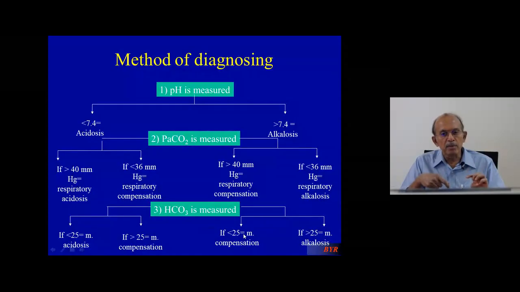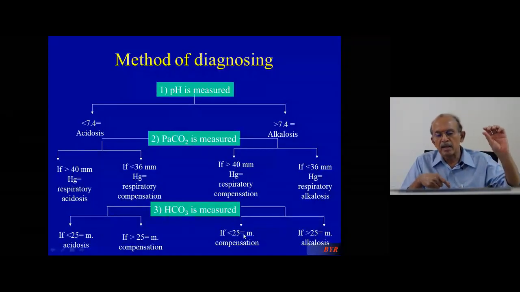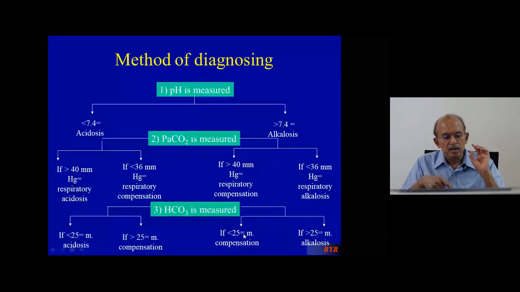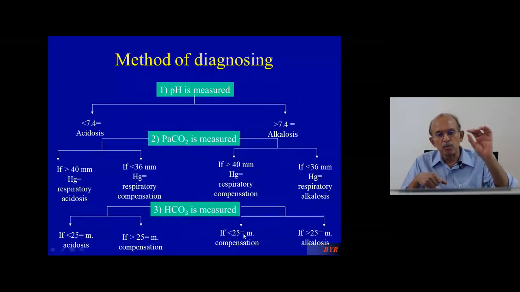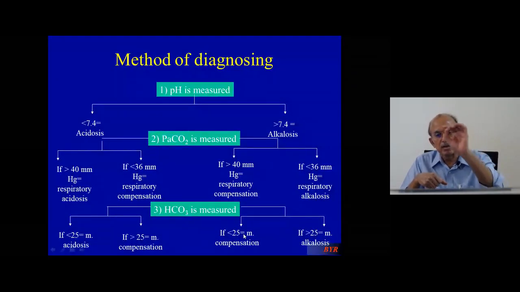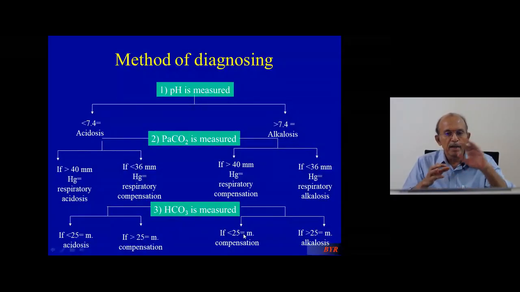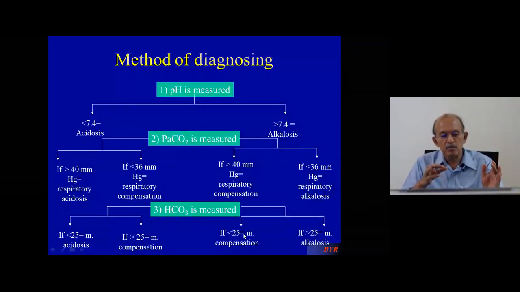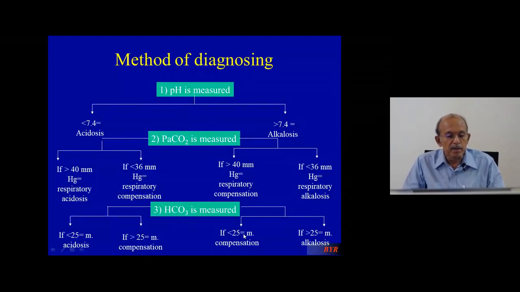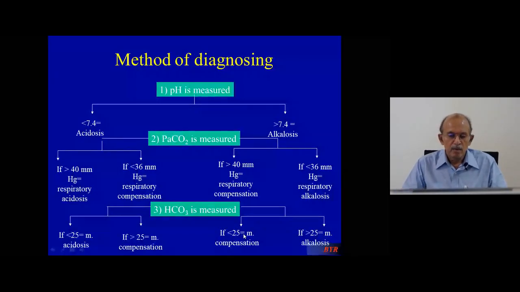So in spite of compensation, the pH will either increase or decrease. Even that increase or decrease is only marginal, 7.3, 7.2, 7.4, 7.5, 7.45, 7.46, like that. If 7.4 becomes 6.5, that means the patient is not there. So much disturbance will not be there because the body's compensations are already there. If the compensation is not sufficient, then there will be disturbance in the pH.